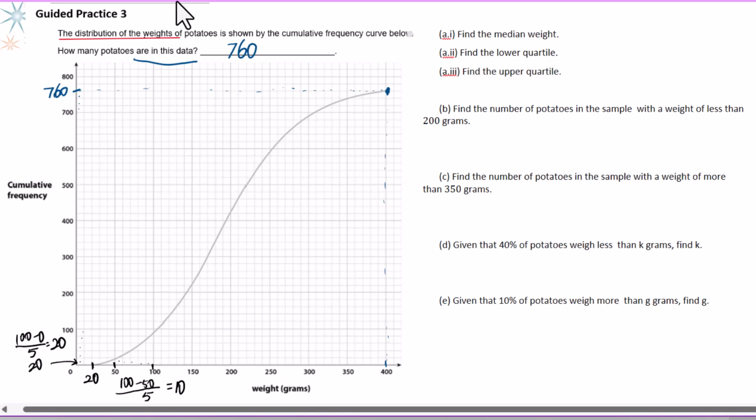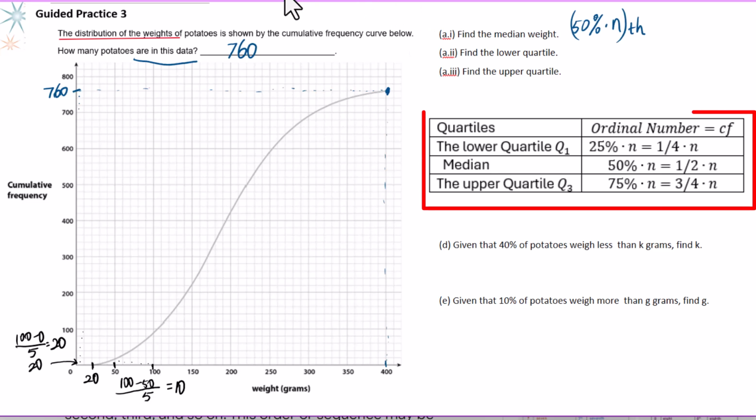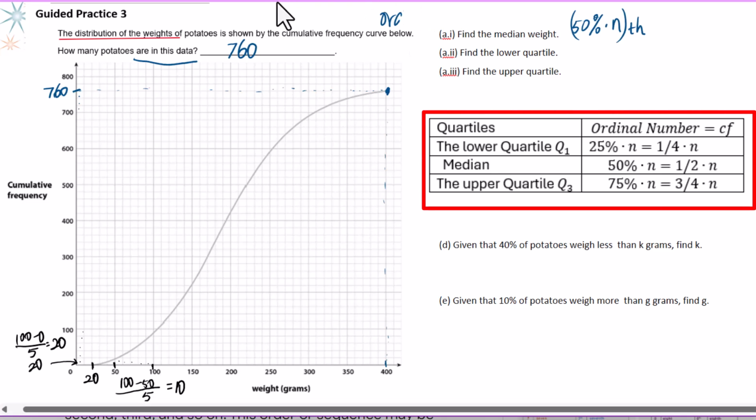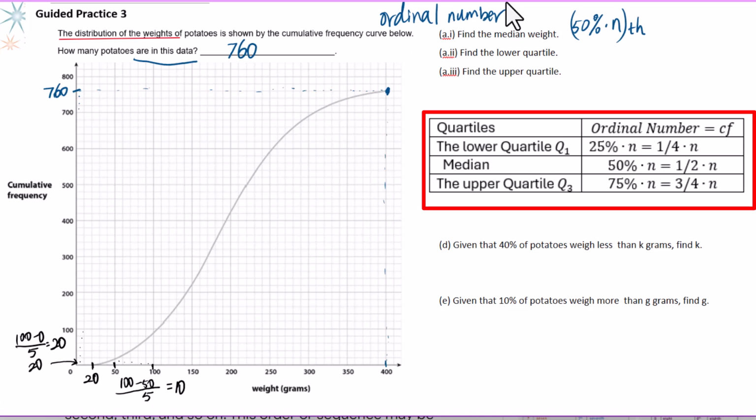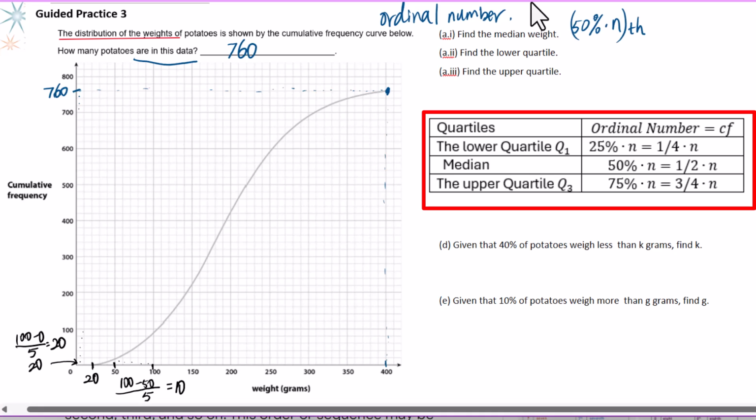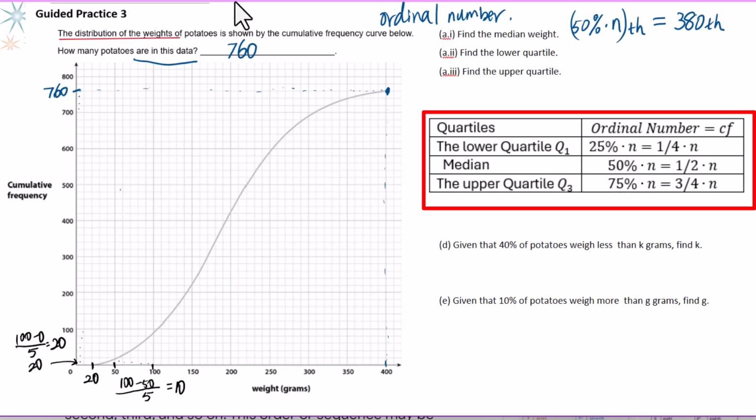Find the median weight. First of all, we need to figure out the ordinal number. Ordinal numbers means the first, second, third, and so on. 50% times 760 is the ordinal number, which equals 380 on the y-axis. Find 380.